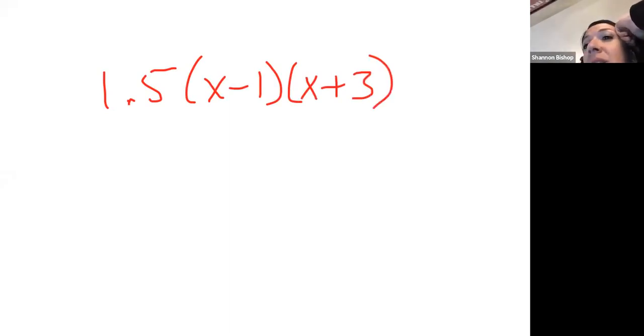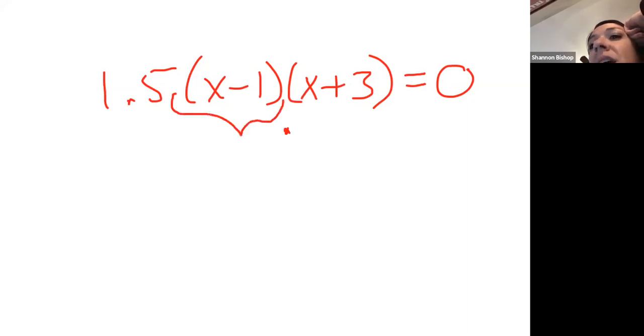Well, the reason is because if you think about the definition of an x-intercept, you're wanting to know when the output is 0. That is what an x-intercept is all about: it's on the x-axis, aka the output value is 0. So if you think about what factored form says, it says that this thing times that thing has to be 0.